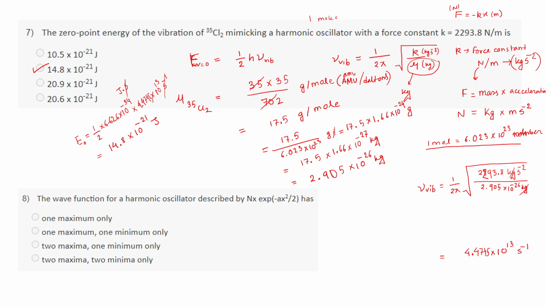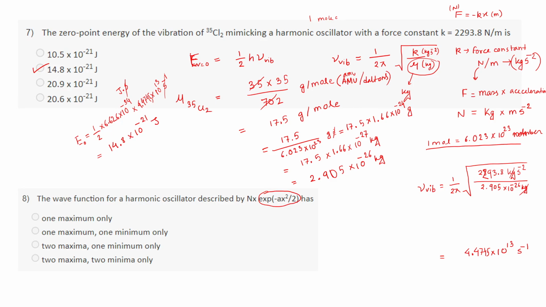And what about question number 8? It says the wave function for a harmonic oscillator is described by N x exponential minus a x square by 2. What does this part look like, exponential minus a x square by 2? Don't have to think about a.